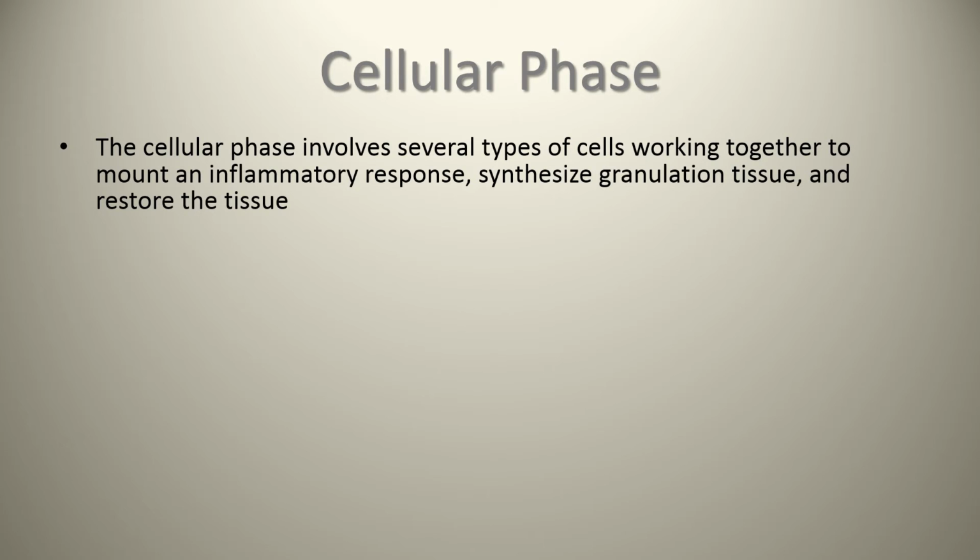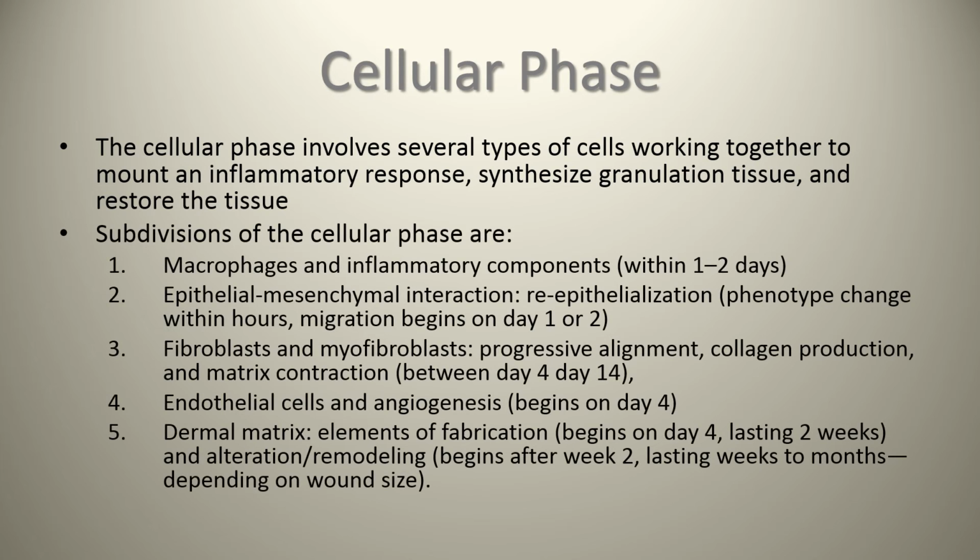The cellular phase can be subdivided into: one, macrophages and inflammatory components, within the first day or two. Two, epithelial-mesenchymal interaction or reepithelialization. This is a phenotype change within hours, and migration begins on day 1 or 2. Three, fibroblasts and myofibroblasts, so progressive alignment, collagen production, and matrix contraction.